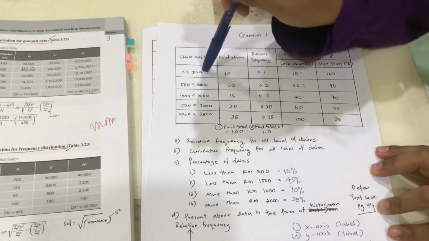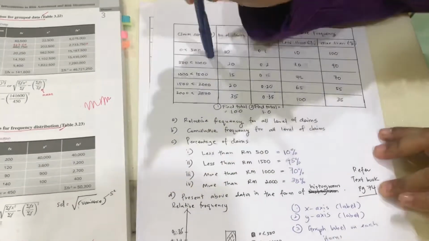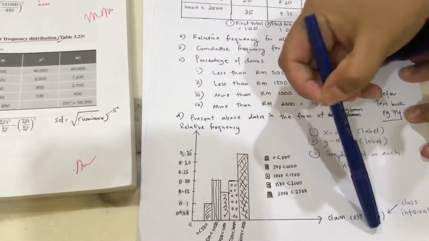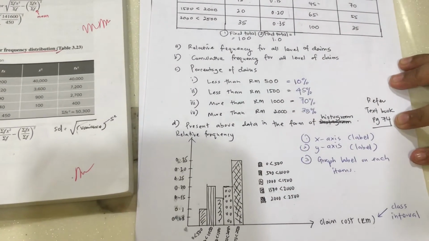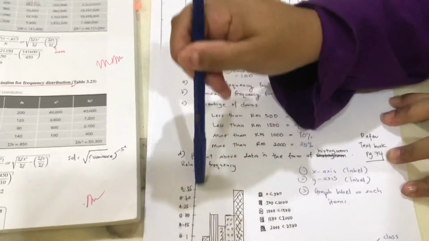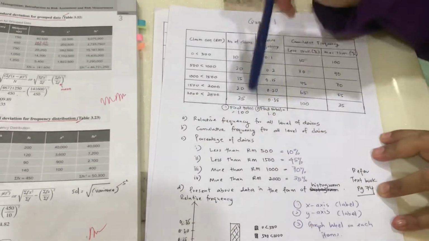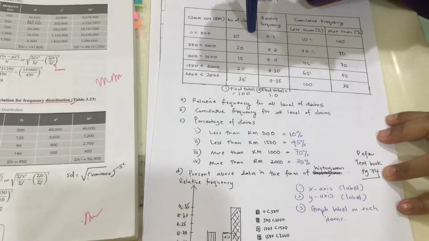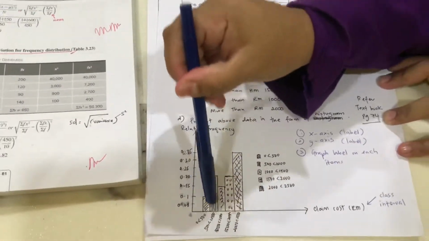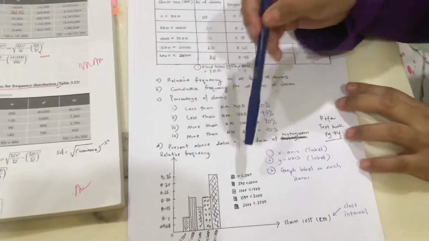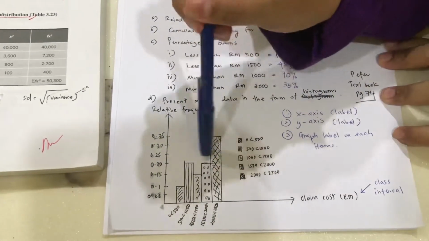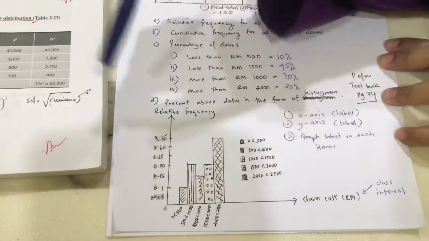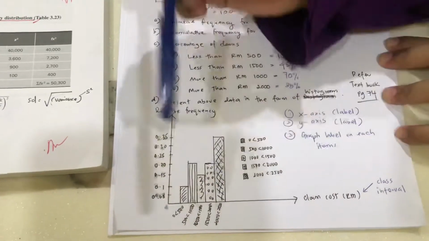So your x-axis is your class interval, which is your claim cost in ringgit Malaysia, and the y-axis is your relative frequency that you calculated before. Then you construct your histogram. You must be able to label your graph, your bar chart or histogram.